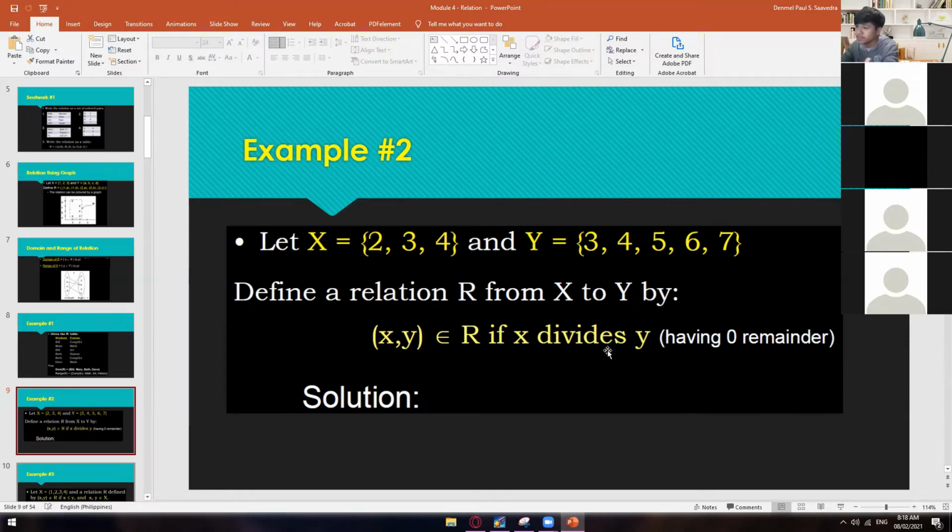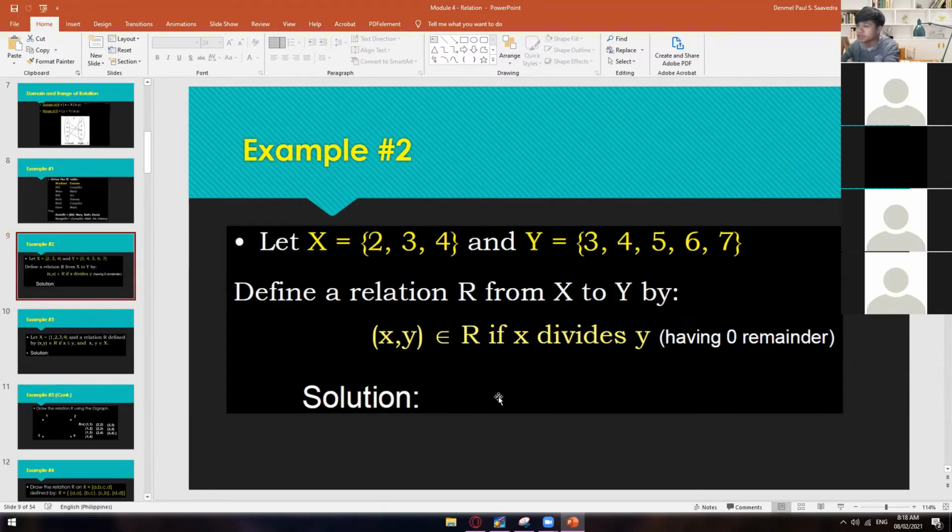As you can see, there's no solution here. I would like you to analyze how to come up with a certain relation using this condition, x divides y. My only question is: is this x divided by y or y divided by x?